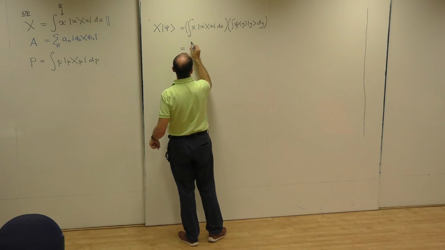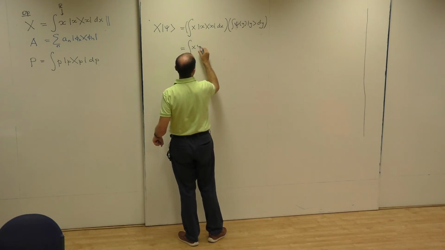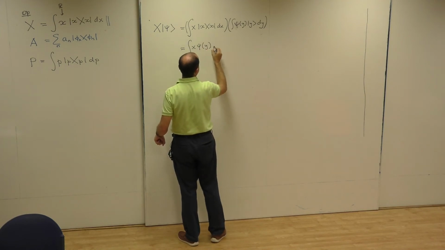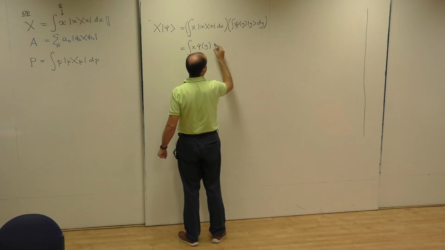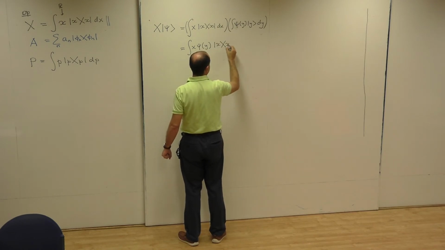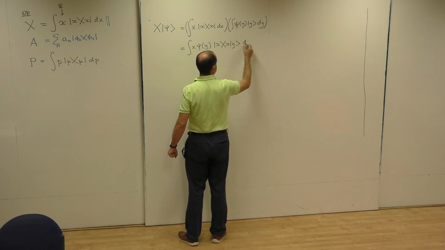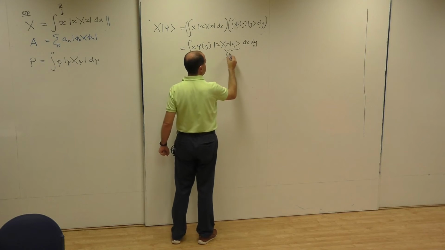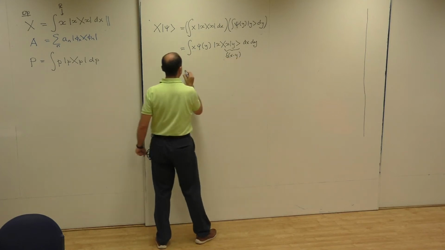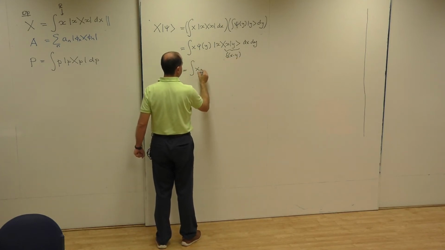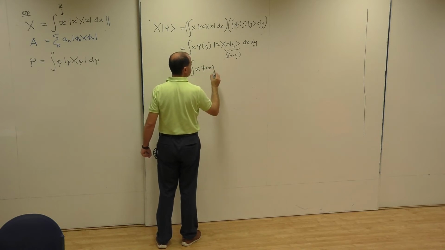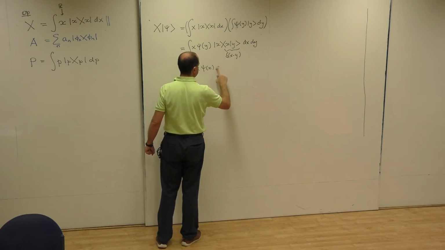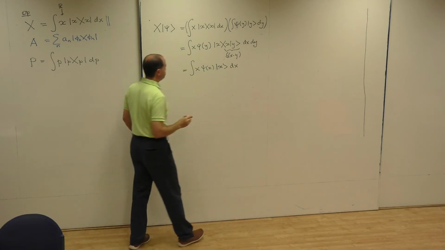So I can rearrange things. Now I have the scalar products ⟨x|y⟩ dx dy, but we saw before that this is delta of x minus y, and therefore this becomes the integral of x ψ(x) |x⟩ dx.